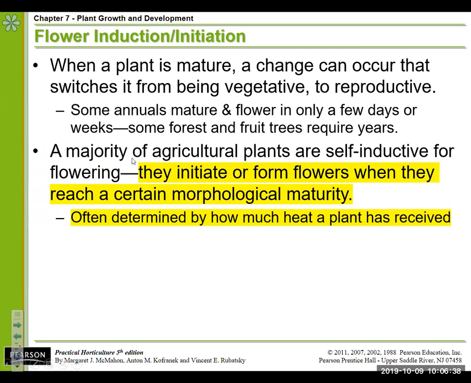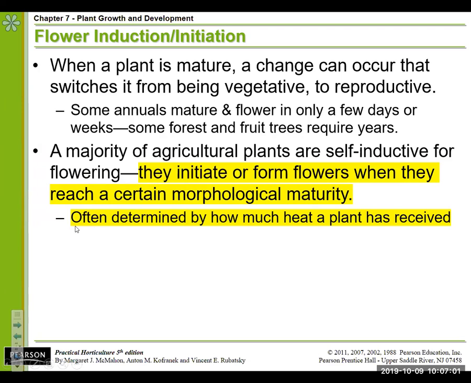For the majority of our agricultural crops, they are self-inductive for flowering, which basically is just saying that they're going to develop flower buds and start to flower once they reach a certain size or a certain environmental cue that leads to that morphological maturity.